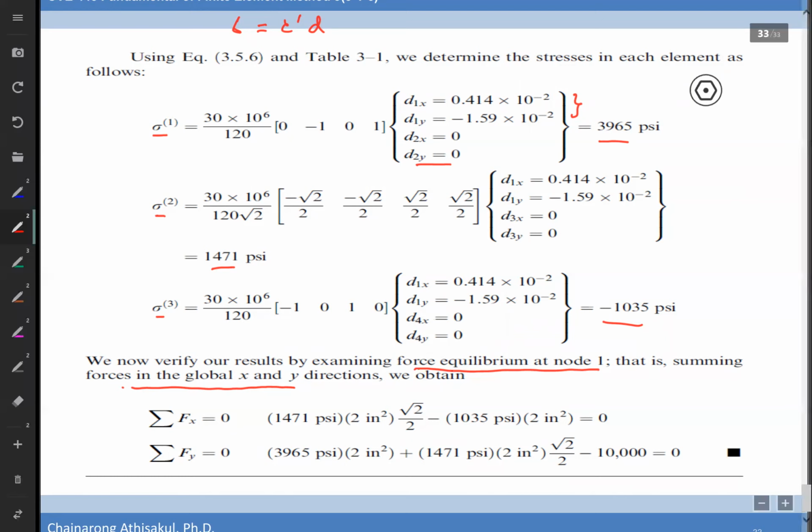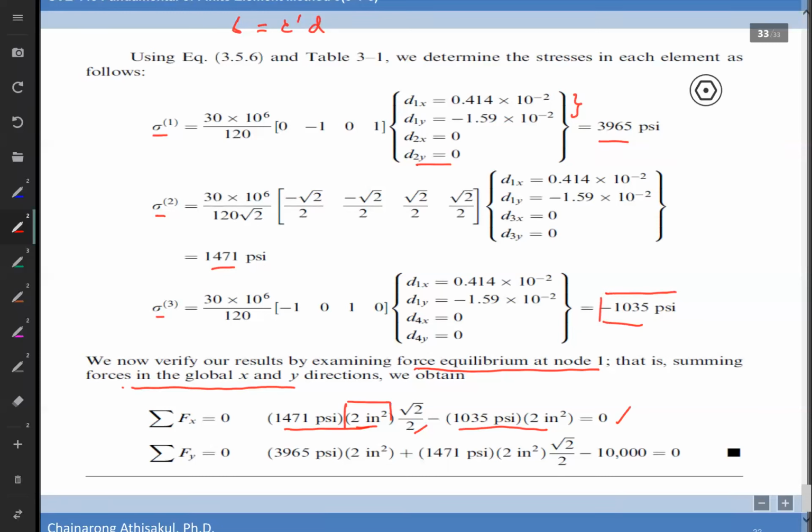Okay, this is for the second member, that is the second element, that is the stress multiplied with the area, which becomes force, and after that the projection onto the x-axis, that is sine 45 degrees, equal to square root 2 over 2, and minus the term of the force inside the third element, that is 1035 psi multiplied with the area.